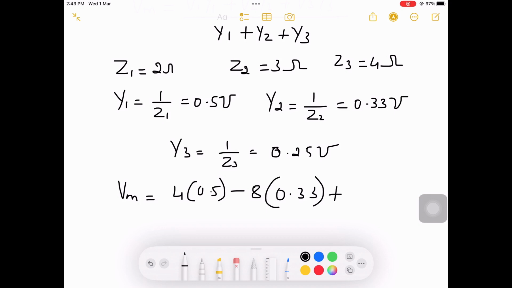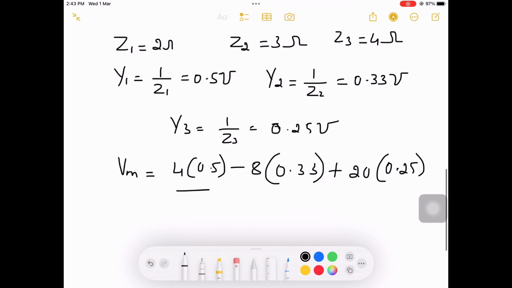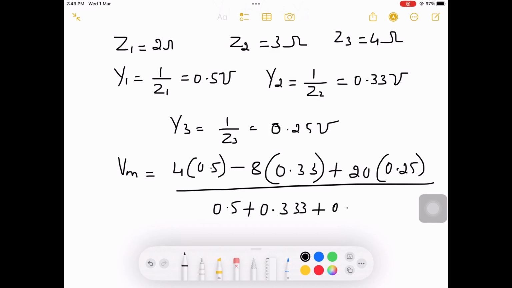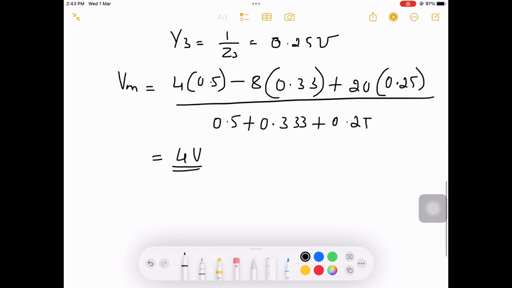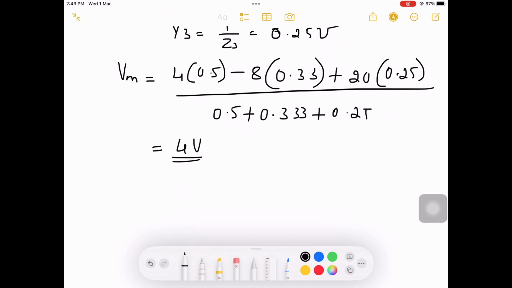Then the next voltage source is positive, so plus 0.25, divided by Y1 plus Y2 plus Y3, that is 0.5 plus 0.33 plus 0.25. If I solve this, I will get 4 volts. So this is my equivalent voltage source.